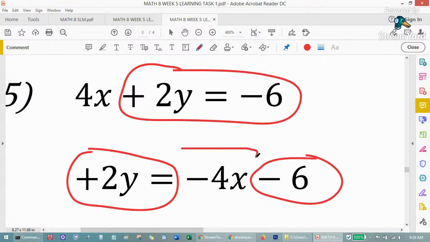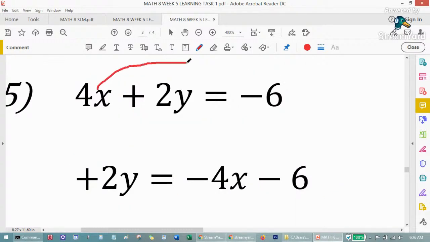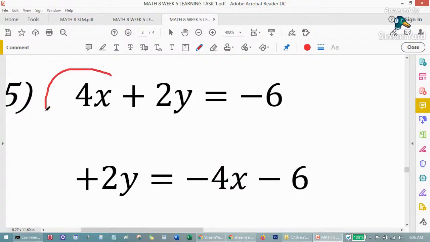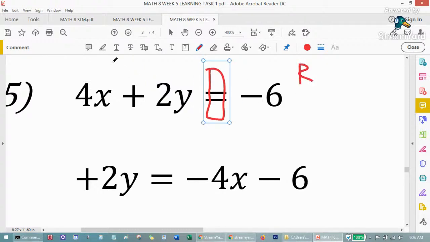Maglalagay lang tayo ng space dito para sa 4x. No? So, 4x, pag nilipat natin doon, yung positive 4x dito ay magiging negative 4x sa kabila. Positive ang 4x sa left side. Paglipat sa kabila, ito yung equal sign, ito yung right side, ito yung left side.